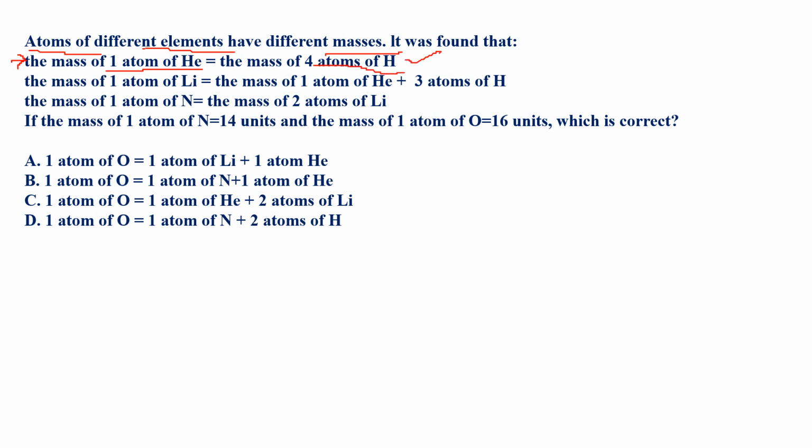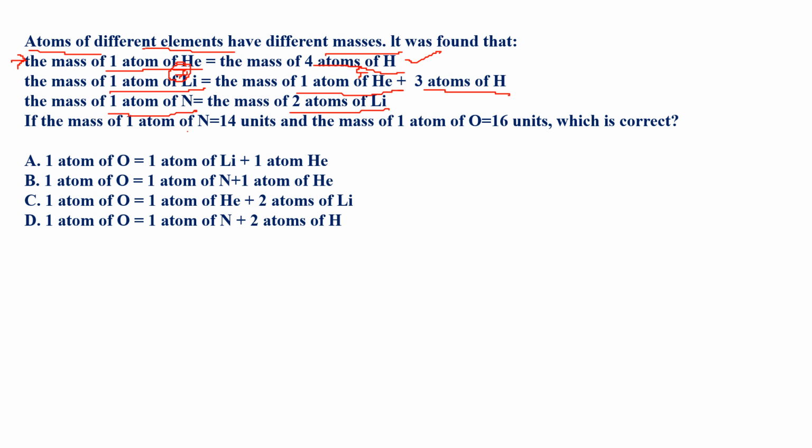Yes, it is equal. Then one atom of lithium is equal to one atom of helium and 3 atoms of hydrogen. Yes, mass is equal. Why? Helium mass is 4 and 1, total 7. Then one atom of nitrogen is equal to 2 atoms of lithium. Yes, that is also equal.